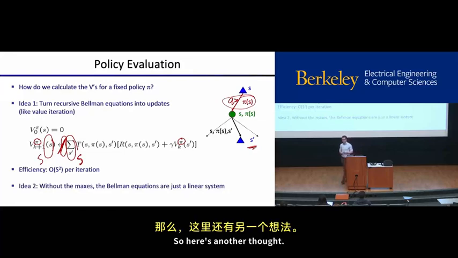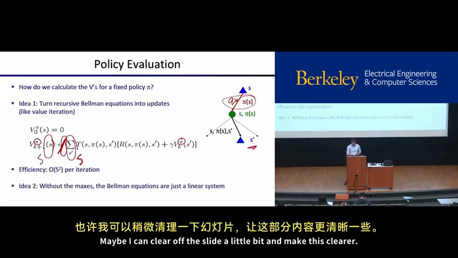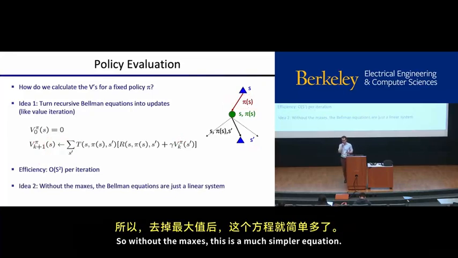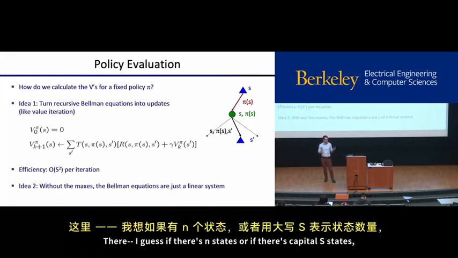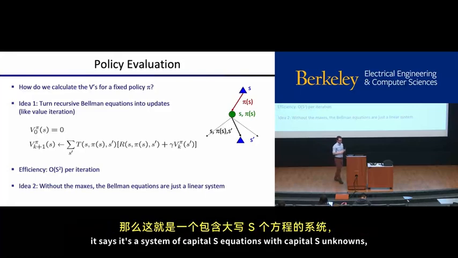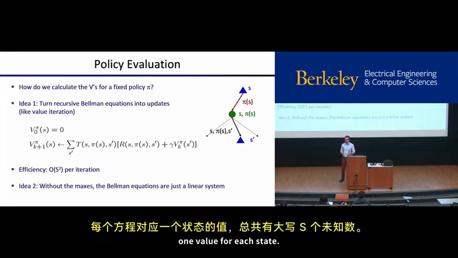So here's another thought. Maybe I can clear off the slide a little bit and make this clearer. Without the maxes, this is a much simpler equation. We have V, which is a vector, or a system of n equations. If there's capital S states, it's a system of capital S equations with capital S unknowns, one value for each state.